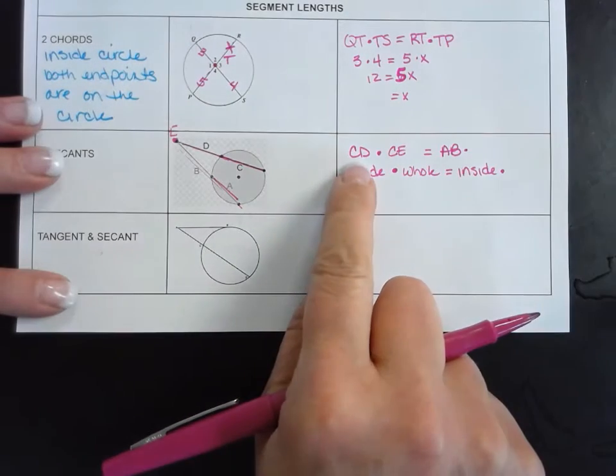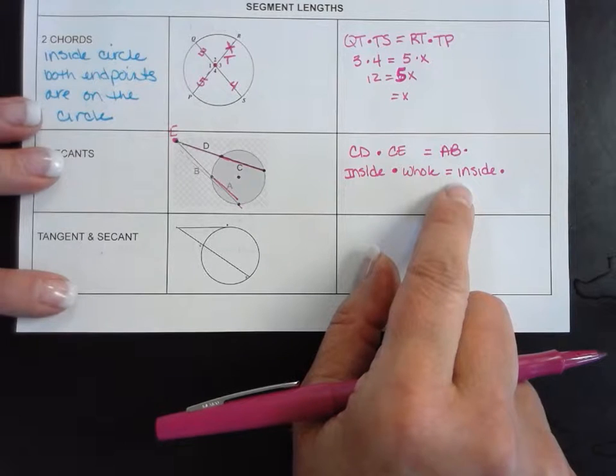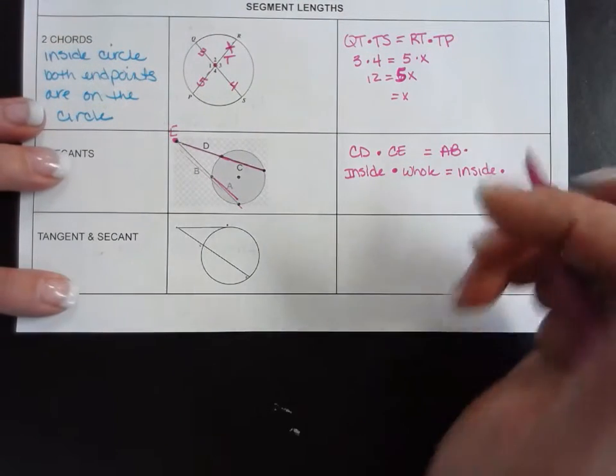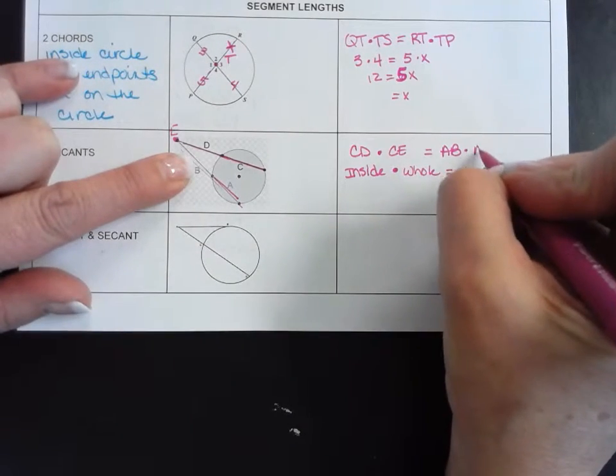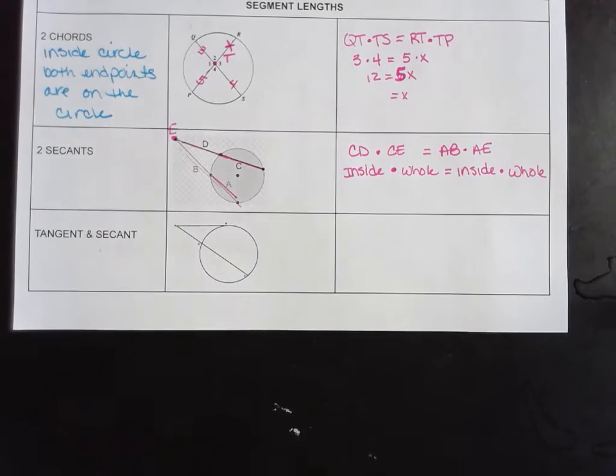If on the other side I did the inside times the whole, what do you think this side's going to be? The inside times the whole, yeah. So AB times AE. Good?